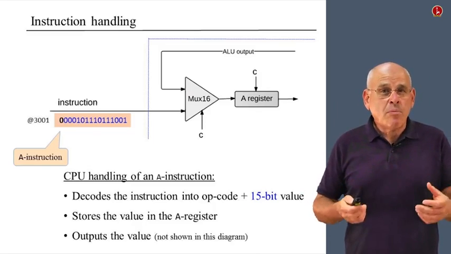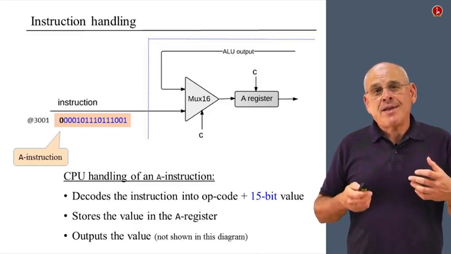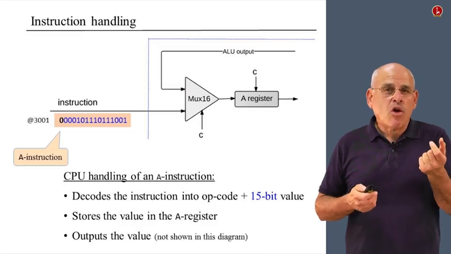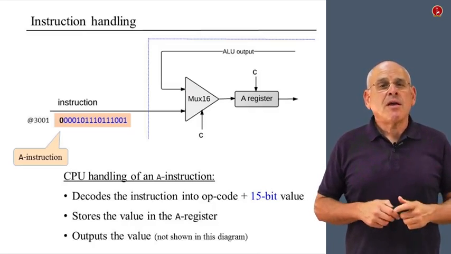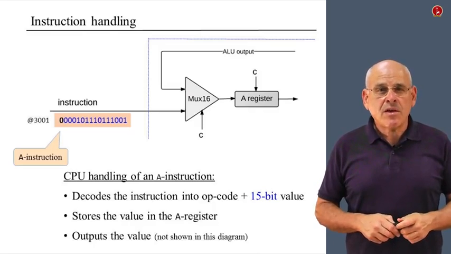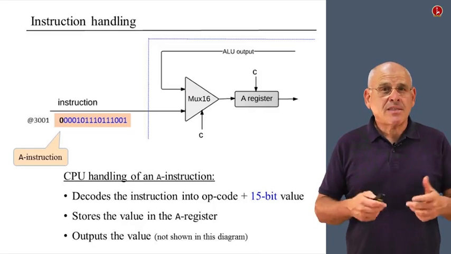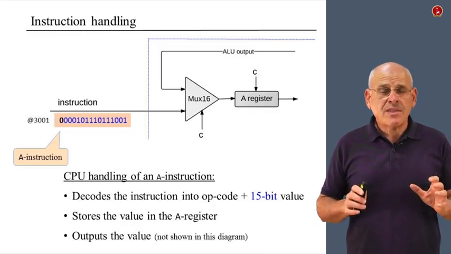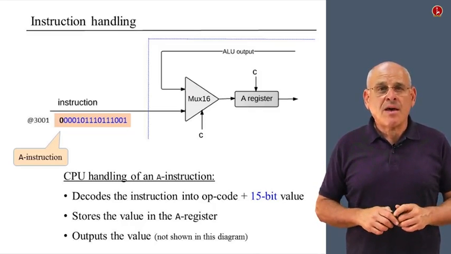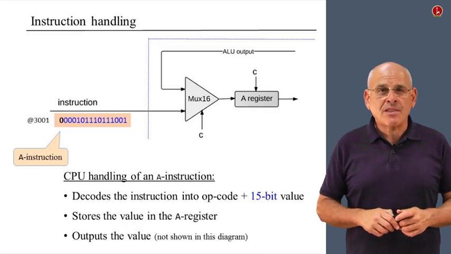So it is the job of the CPU designer to inspect the opcode of the incoming instruction and decide from which source the A register will take its next contents, so to speak. All right, so this is roughly how the CPU handles incoming instructions.